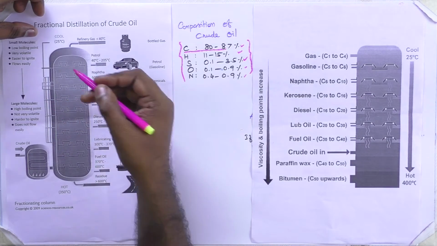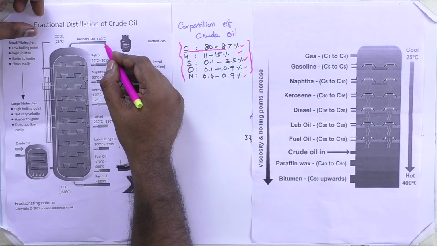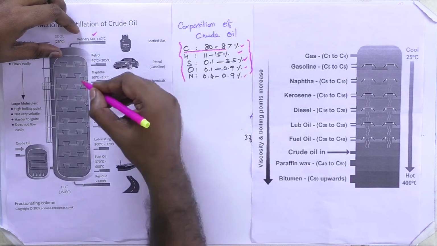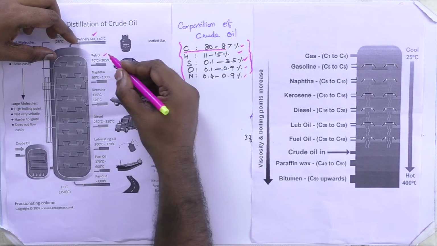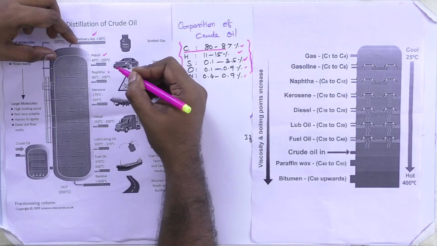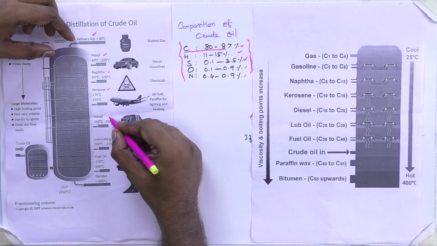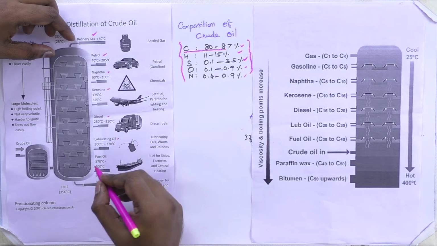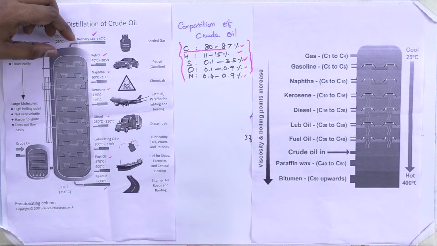The fumes condense at around 40 degrees Celsius as the general gas, and around 40 to 205 degrees Celsius it is petrol, and 60 to 100 degrees Celsius is naphtha, and 175 to 325 is kerosene, and 250 to 350 degrees Celsius is diesel, and 300 to 370 is lubricant oil, 370 to 600 is fuel oil, and finally we get the residue above 600 degrees Celsius.